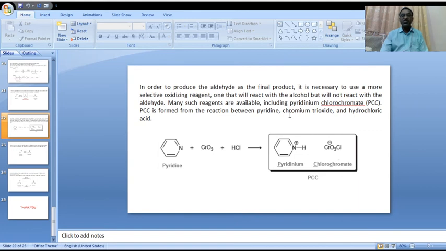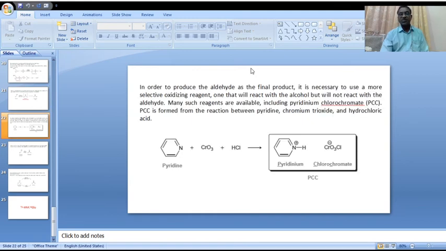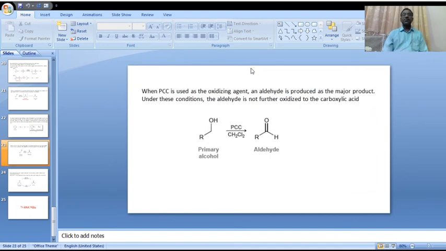It is a selective oxidizing agent. In the last reaction, the aldehyde intermediate was difficult to isolate; now we will observe the reaction in the presence of this PCC. Here please concentrate.